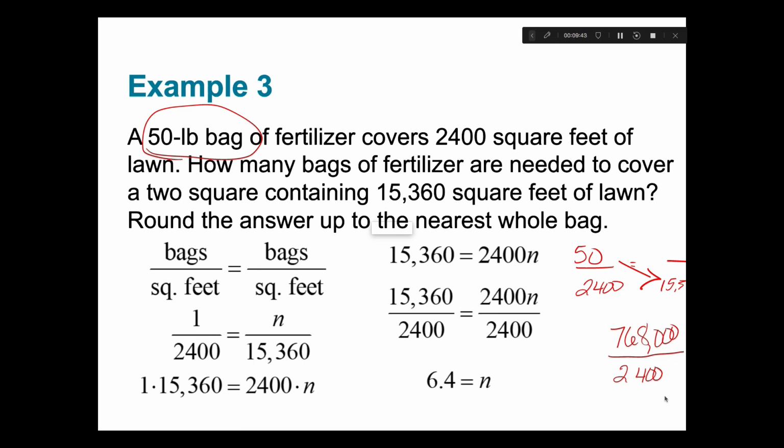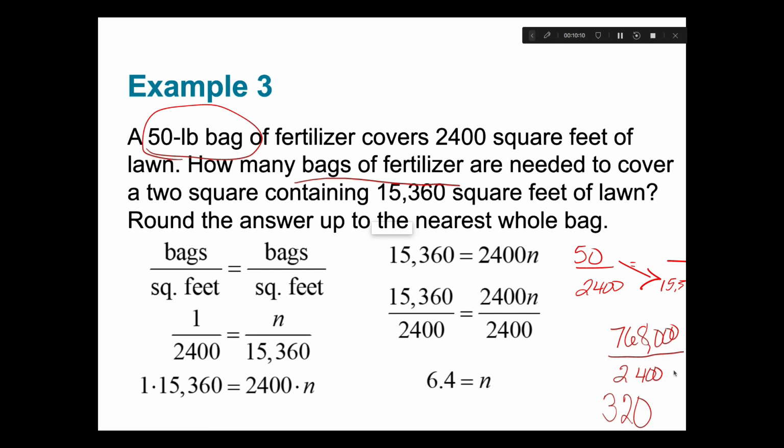What is this when I divide? 320, right? 320. But that's not how many bags. It's asking you how many bags of fertilizer we need. That's how many pounds of fertilizer we need. When we set up our equation, we looked at the numbers in the problem.